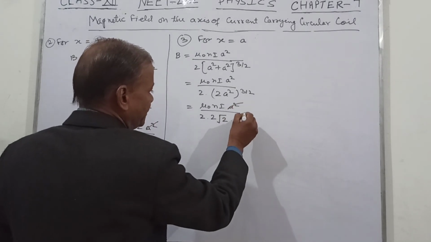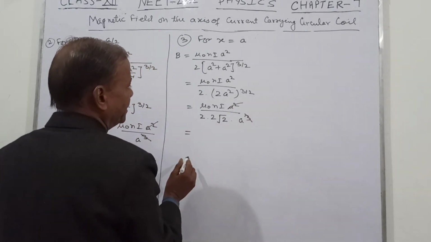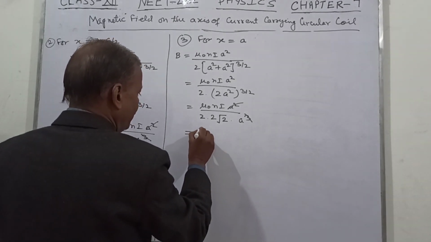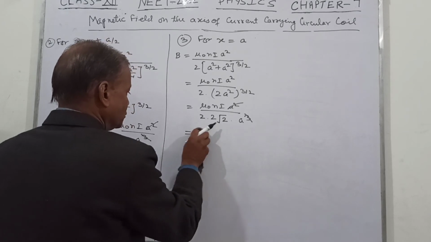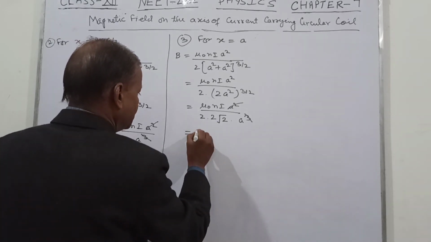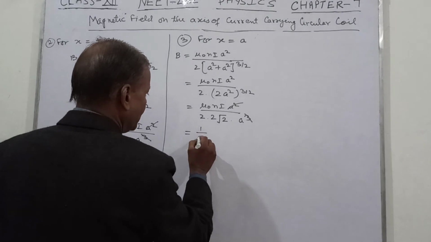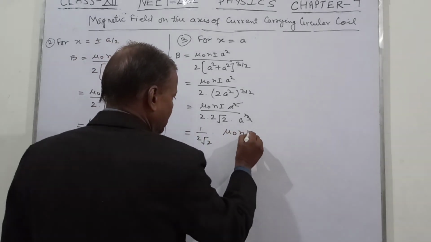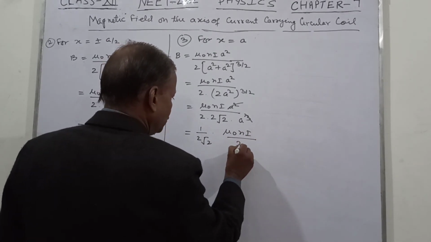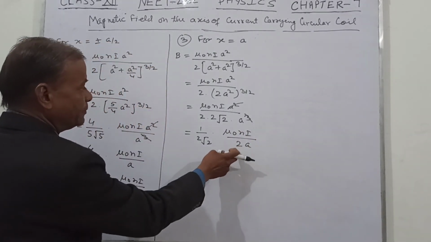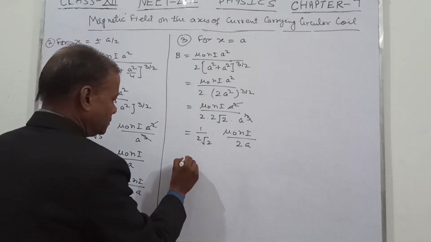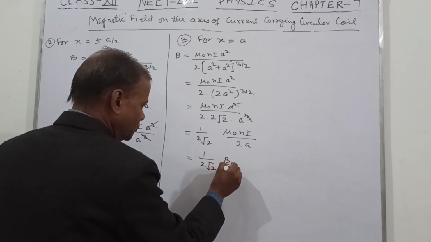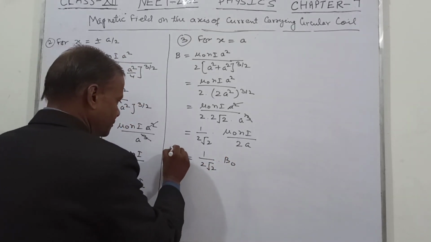So a square will cancel with a cube, and we get 1 upon 2 root 2 into mu naught n I upon 2a. So this is 1 upon 2 root 2 into B naught, equal to B.